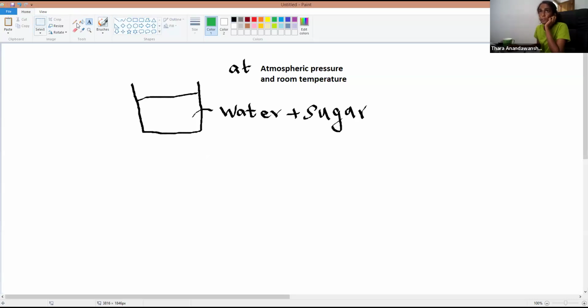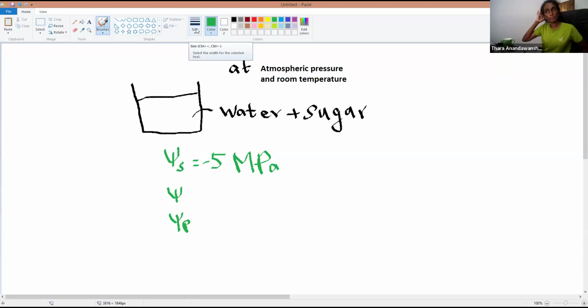I'm giving here psi s. Its value is minus 5 megapascals. Find out the psi value and psi p value in this solution, whenever necessary. An equation should be there. Quickly find out. This is a very easy question.